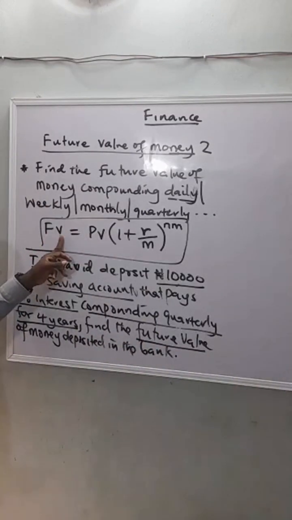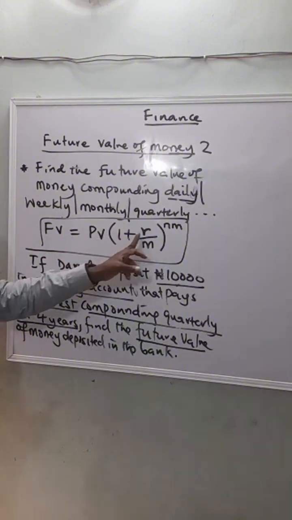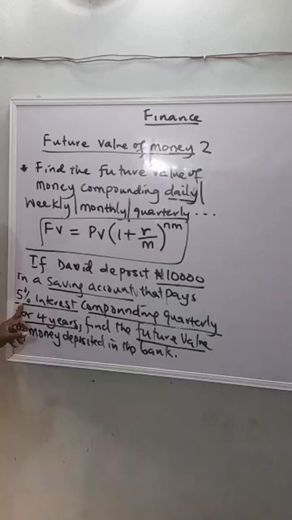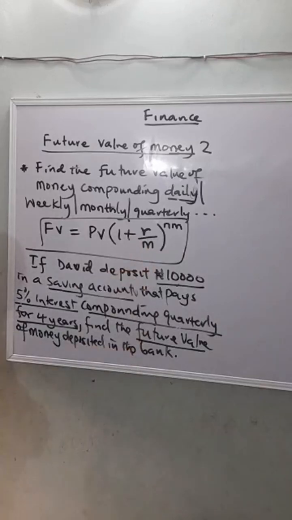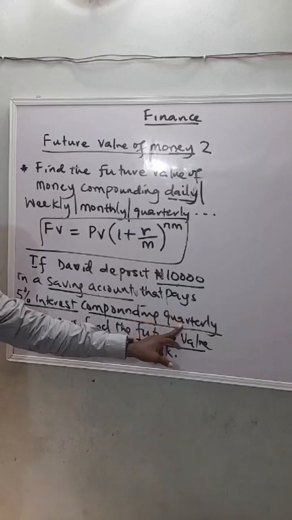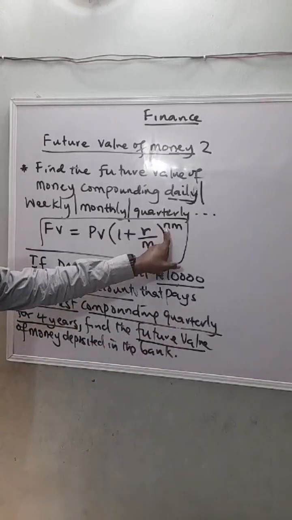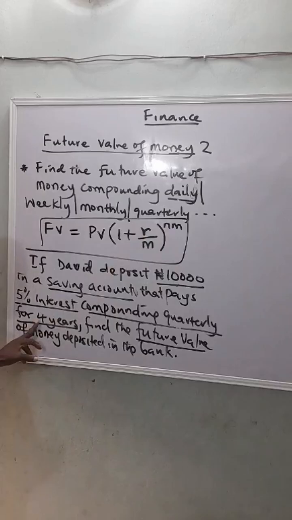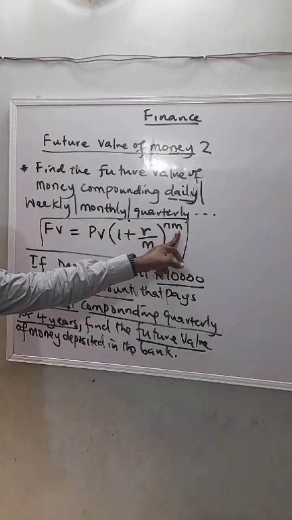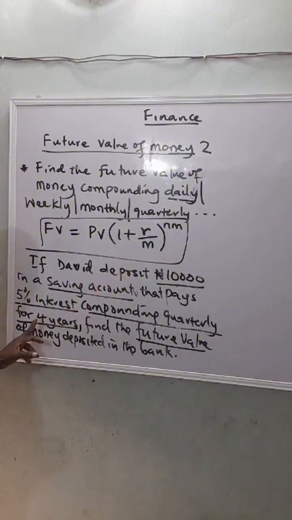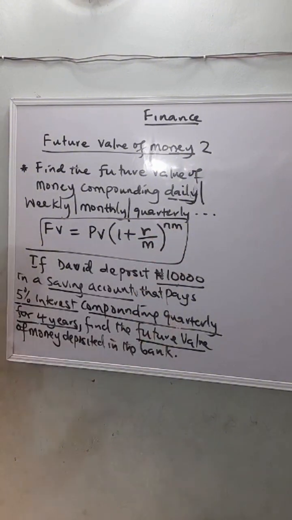The formula is on the board. Future value is equal to present value. Our present value is 10,000. Our R is 5%. Our M is 4, because there are 4 quarters in a year. And this N, the number of years, is 4 years, multiplied by that 4. Remember, N happens to be 4 years and M happens to be 4, so don't mistake that.